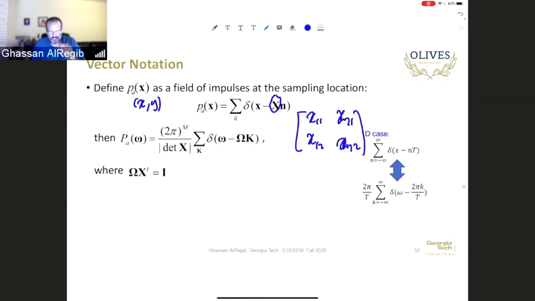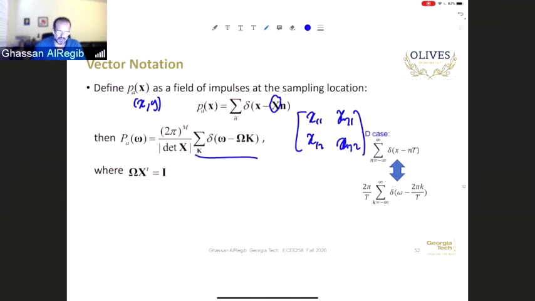So this matrix is really controlling how this field of impulses looks. If it's capital X and 0 and 0 capital Y, then we know exactly this rectangular-shaped field of impulses. In the general case, we can redefine this as a 2 by 2 matrix, capital X. And from the Fourier transform properties and table that we had last time, we know the Fourier transform of this field of impulses is given by another field of impulses.